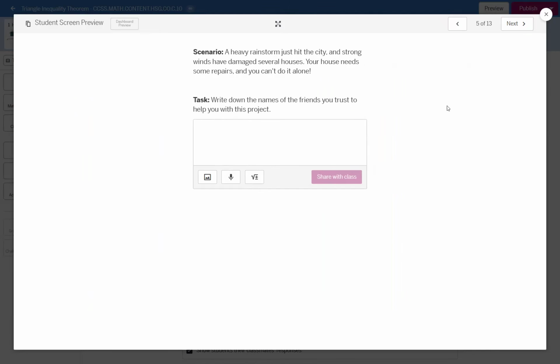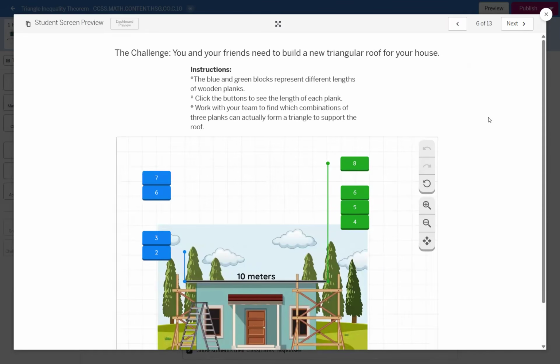And you can't do it alone, so we have to ask help from our friends. If you can, write the names of friends that you trust here, and be proud to write their names.